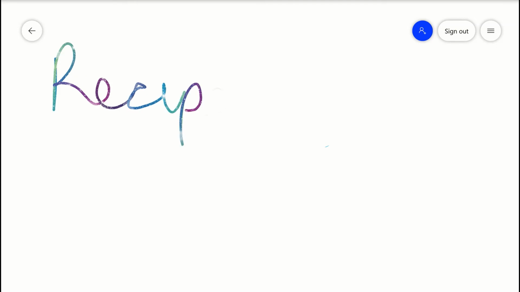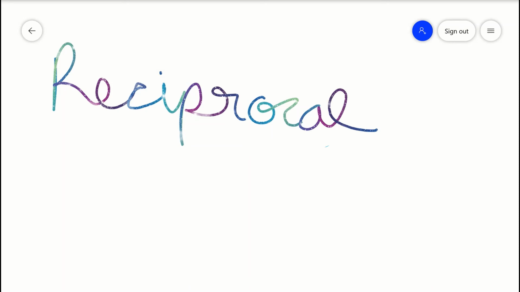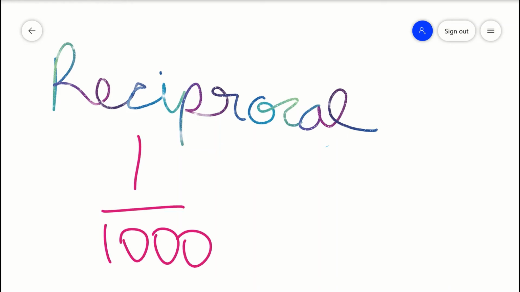So next we are going to deal with reciprocal. So what is reciprocal? I'll give you a number, 1 by 1000. So what is the reciprocal of 1 by 1000?